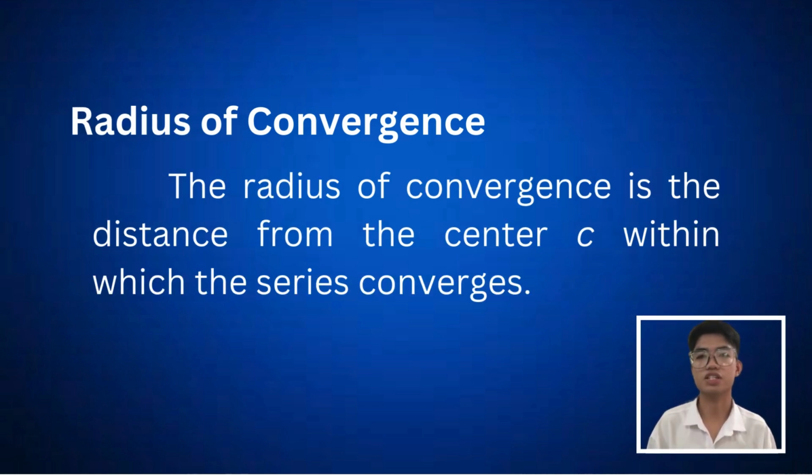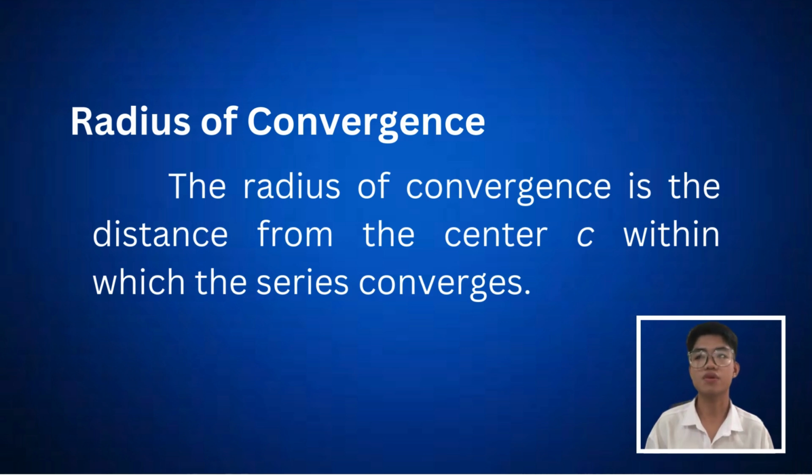Radius of convergence. The radius of convergence of a power series is a number that describes the range of values of x for which the series converges. In other words, the series will give a valid result only for values of x such that the distance between x and the center c is less than r.